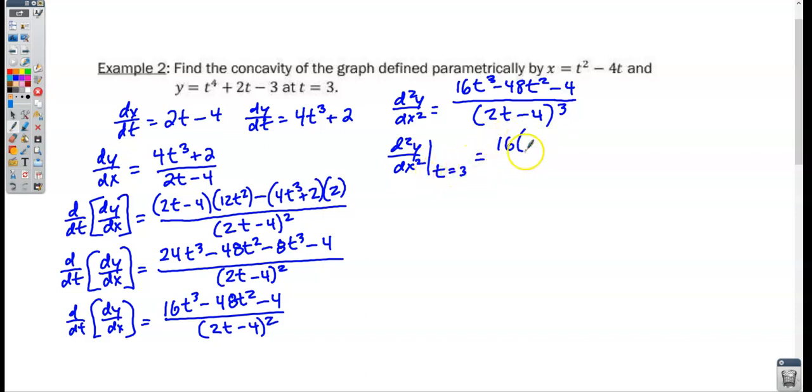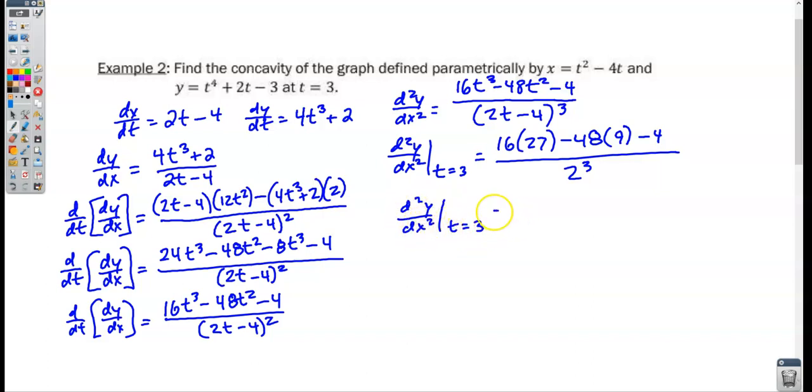So that's 16 times 27 minus 48 times 9 minus 4 all over 2 cubed. So let's see, 16 times 27, that's 432. 48 times 9, also 432.